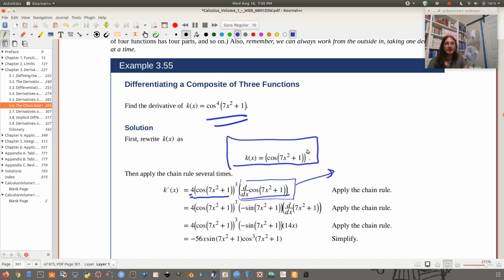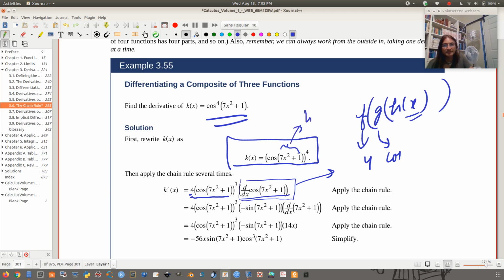So the first step, we got 4 times the cosine to the power 3, and then the derivative of the inside. So f of g of h of x. This is the power of 4, g is the cos function, and h of x is this inside part.